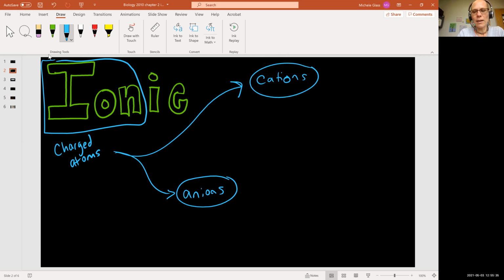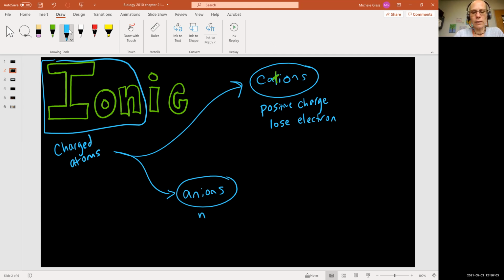A cation is going to have a positive charge. The only way to become positively charged is to lose an electron. If you want to, you can think about your T as a plus sign. We can make it a little plus sign.